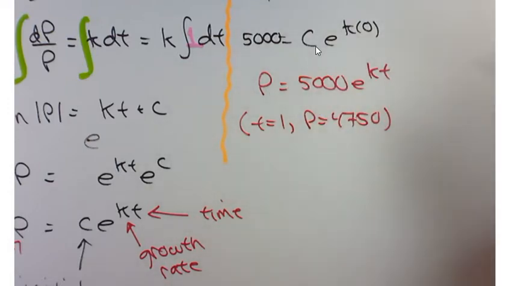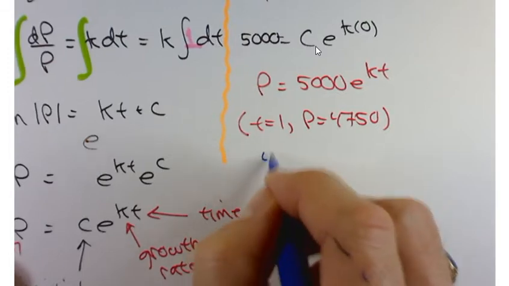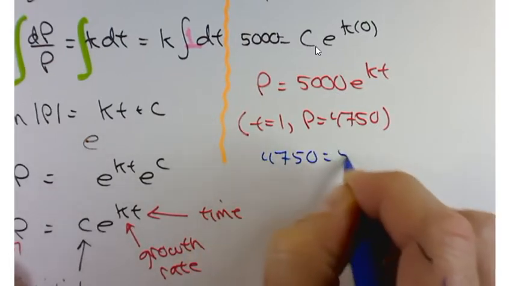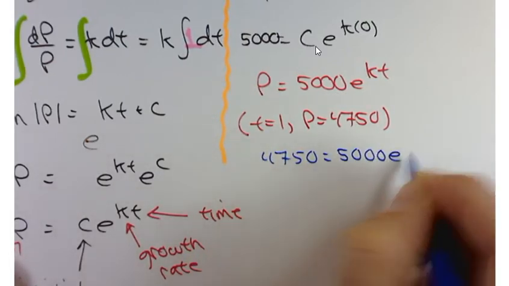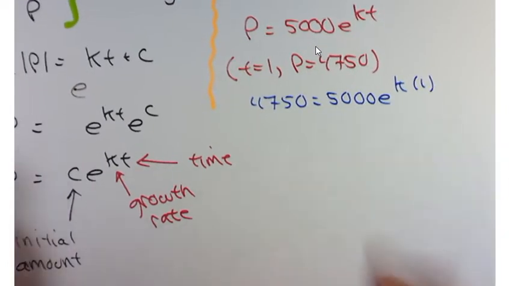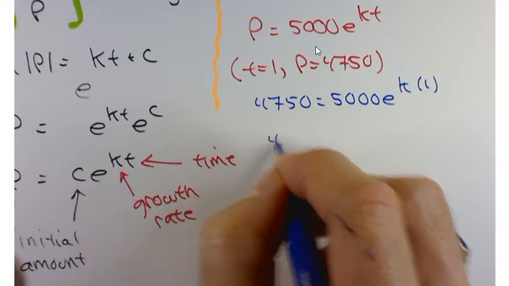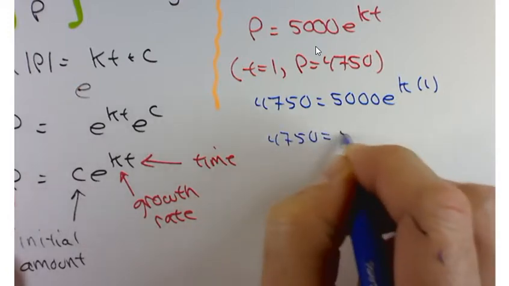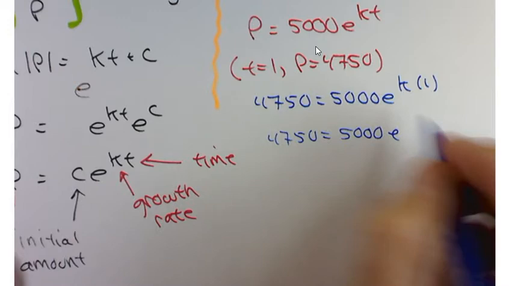The only unknown would be k. 4,750 equals 5,000 e to the k times 1, or 4,750 equals 5,000 e to the k.